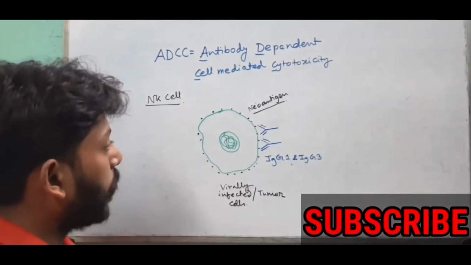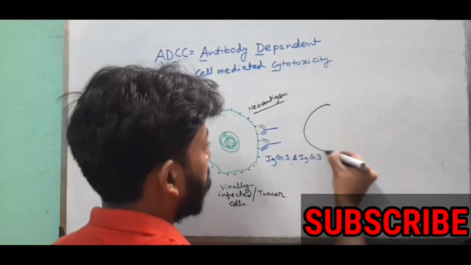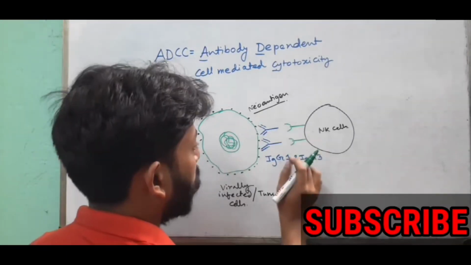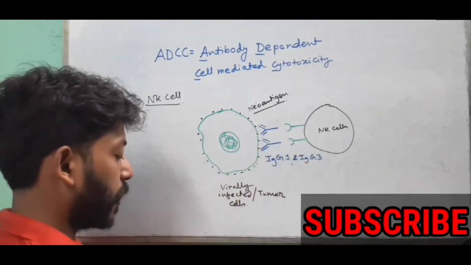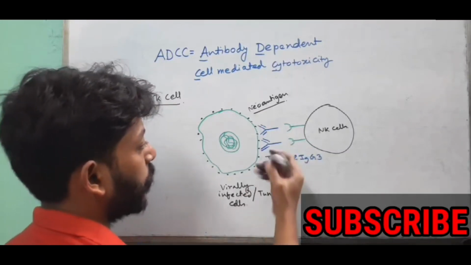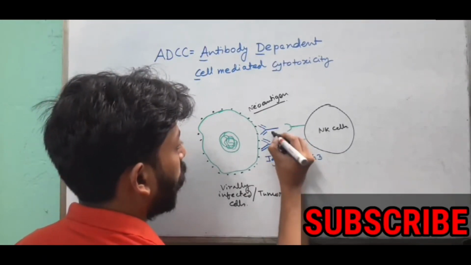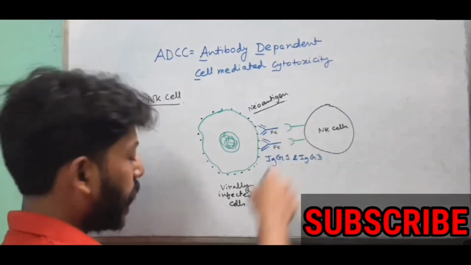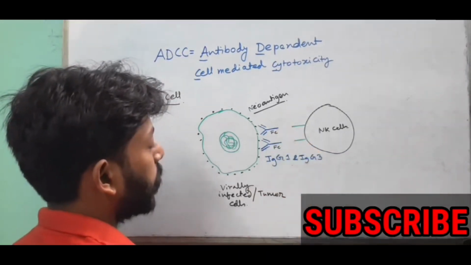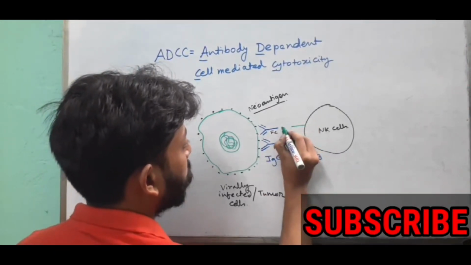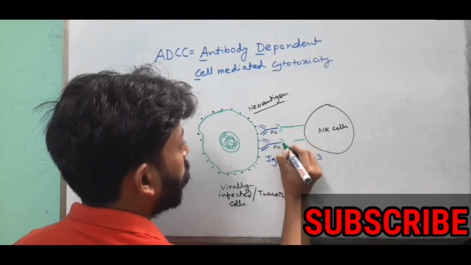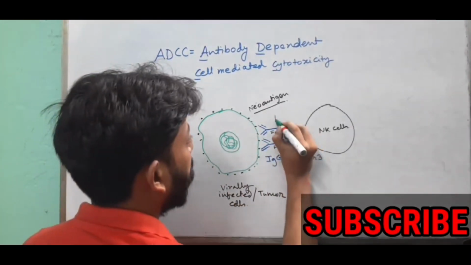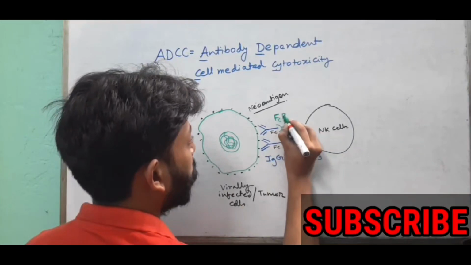So let me draw a NK cell. If this is a NK cell, these NK cells contain some receptors that can bind the Fc region. This is called the Fc region, fragment of crystallizable region of the antibody, and these NK cells express some receptor that can bind with the Fc region of antibody, and these receptors are called Fc, means fragment of crystallizable receptor.